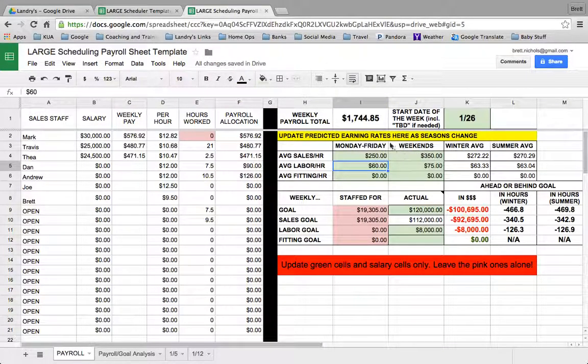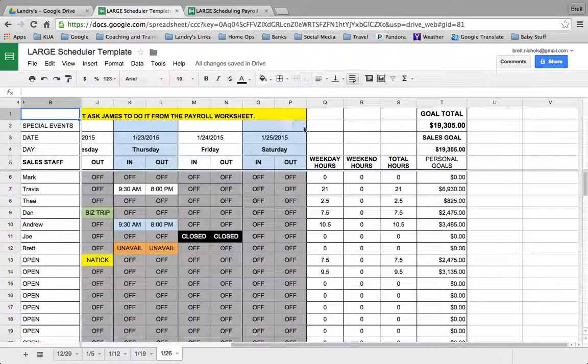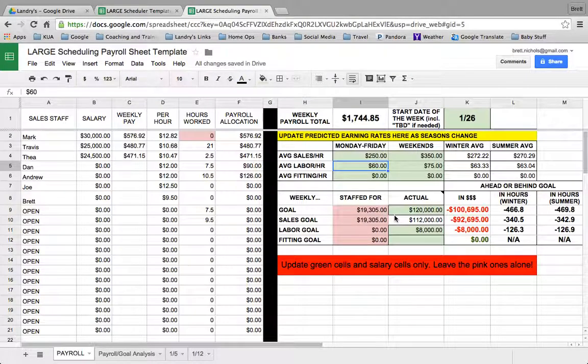So those numbers will be changed by the schedule. After that, we can also do some assessments for store-wide goals. For example, if the goal for the entire store is 120,000, and we know that the labor goal is 8,000, the sales goal is roughly $112,000. These pink numbers here are the numbers that we are staffed for.